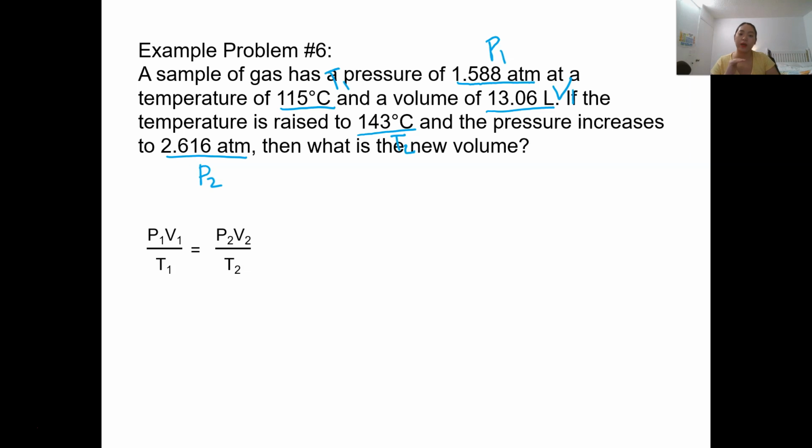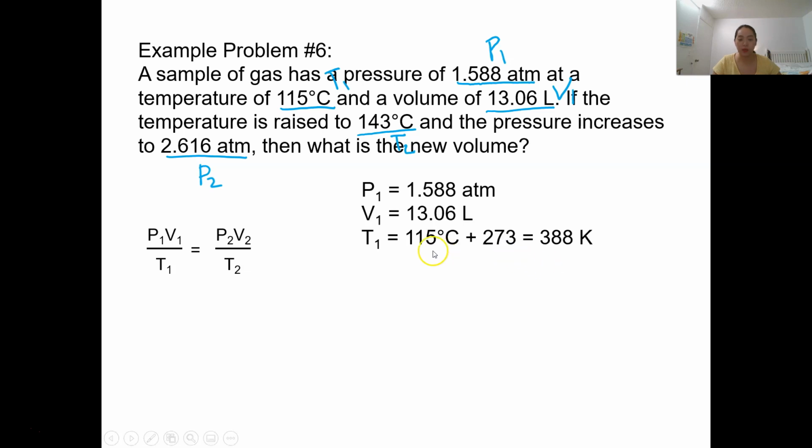Step number 1, identify the given variables and the missing variable. So I have already kind of done that in the question, but I do want to write it out explicitly just so that I don't lose numbers anywhere. So I have P1 to be this number, V1 to be this one, T1 is 388 Kelvin, making sure that you always convert to Kelvin when you're working with temperature.